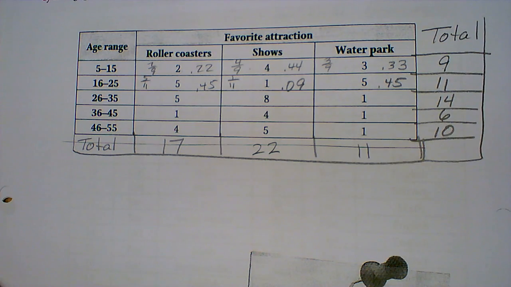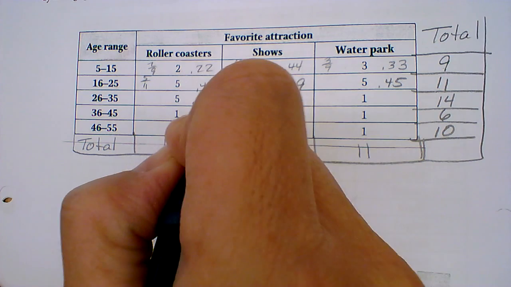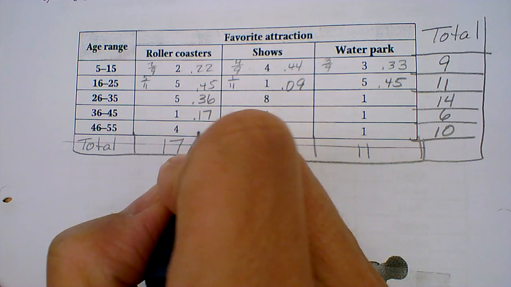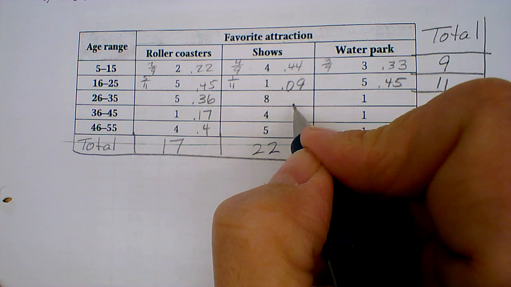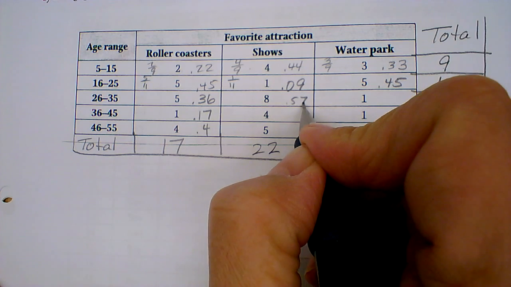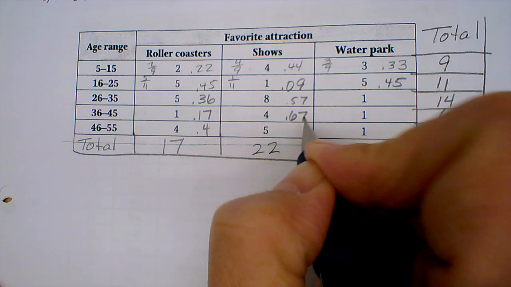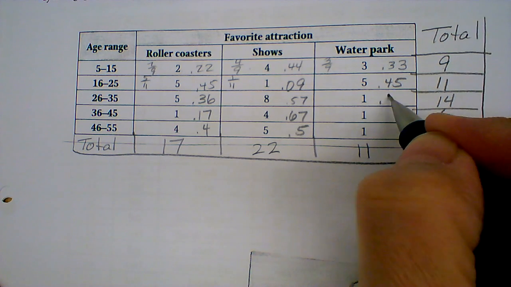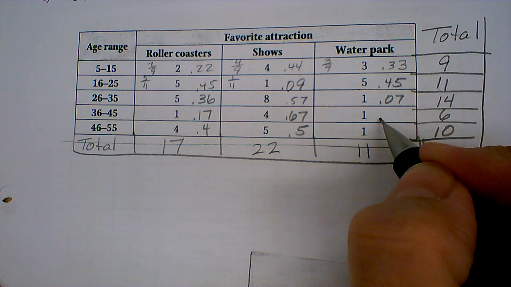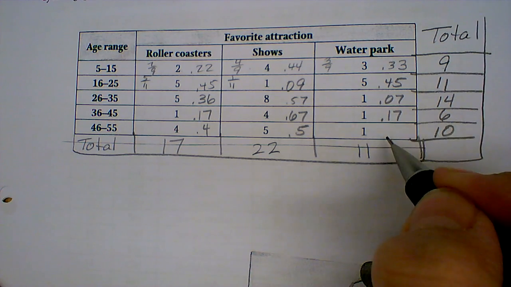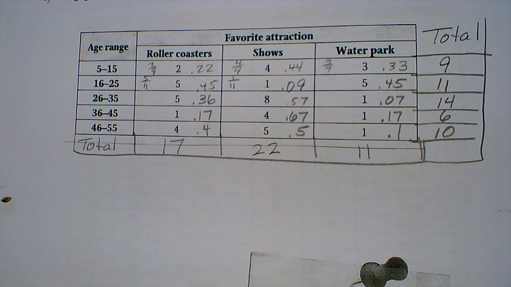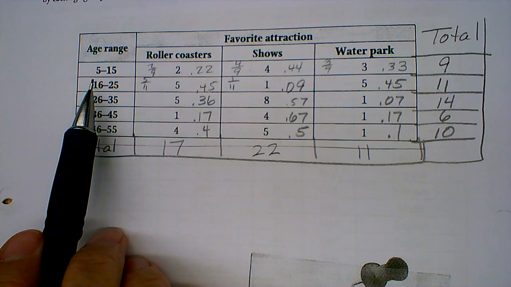So I'm going to go through and fill in the rest of this table. 0.36, 0.17, 0.4, 0.57, 0.67, 0.5, 0.07, 0.17, and 0.1.